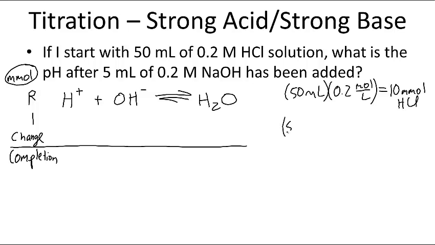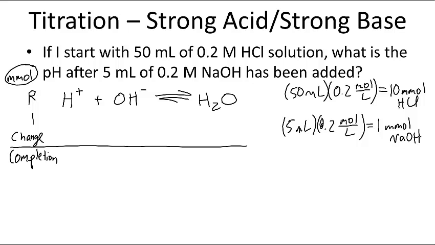And I have 5 milliliters times 0.2 moles per liter of NaOH. So I have 1 millimole of NaOH. So you could do the whole thing in moles, it's just your numbers would be 0.01 and 0.001. So millimoles are a lot of times more convenient to use.